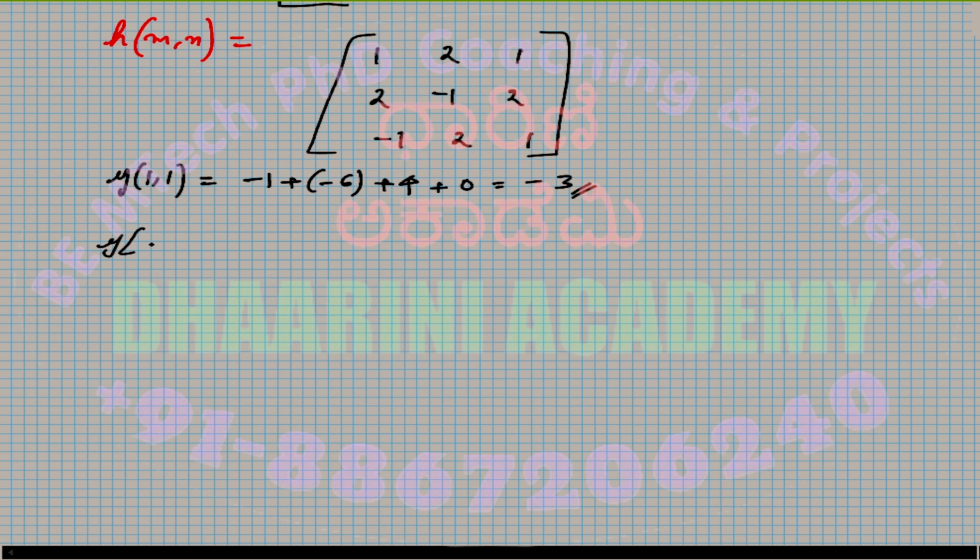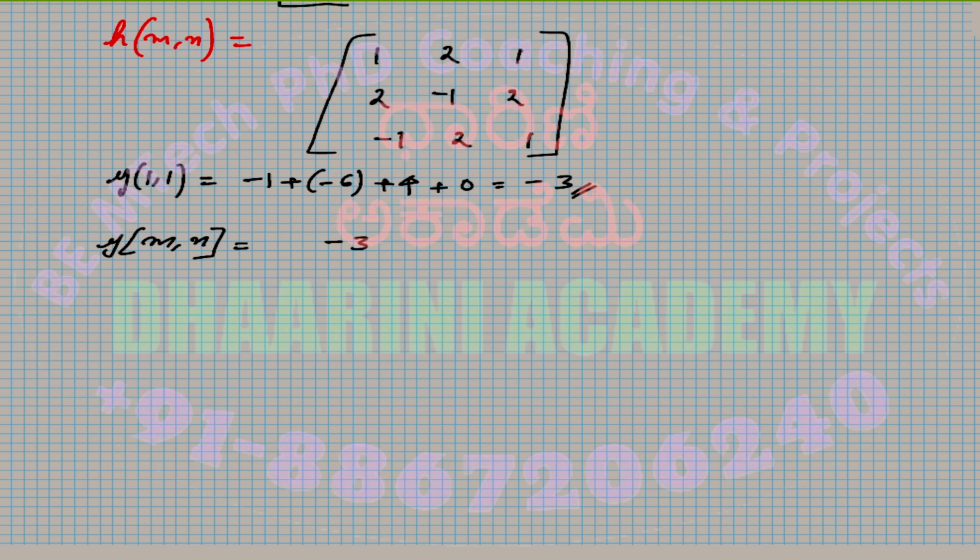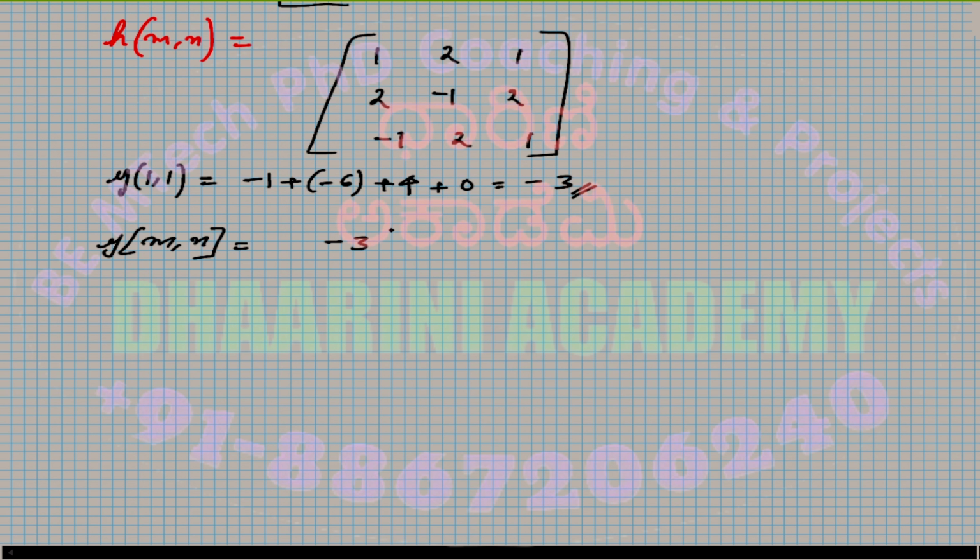This is y of m comma n equals to, I think the first value is already calculated, minus 3. Then 11, minus 17, 24.